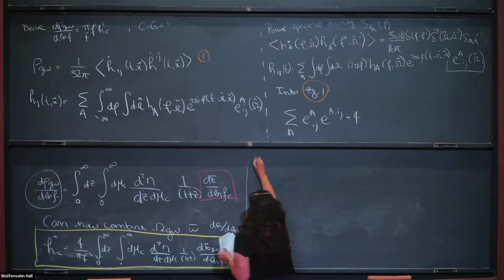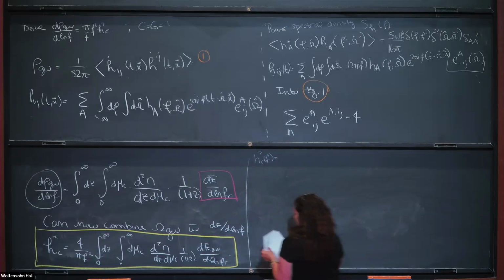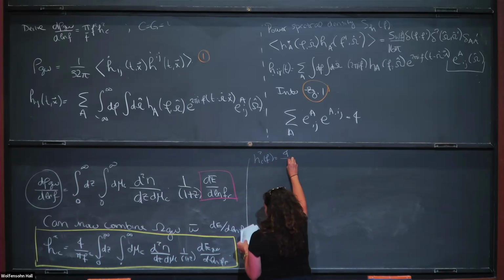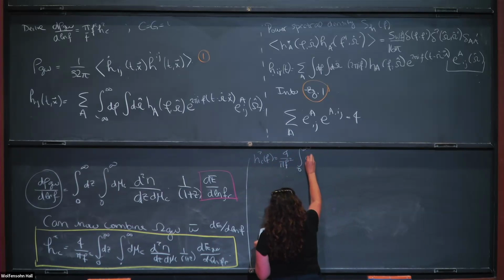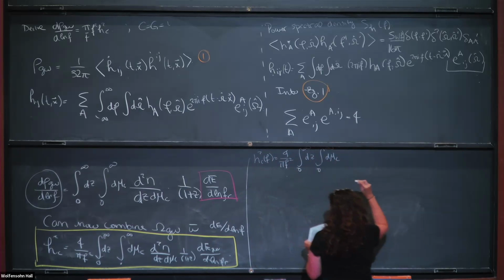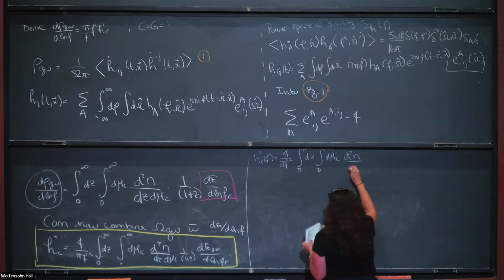Okay, so that means that the characteristic strain squared as a function of frequency is now 4 over pi f squared with these integrals in redshift and in chirp mass. Our co-moving number of black hole binaries.